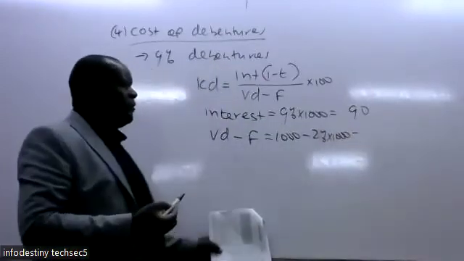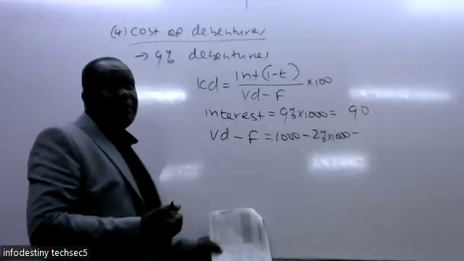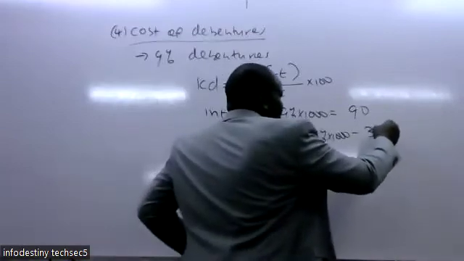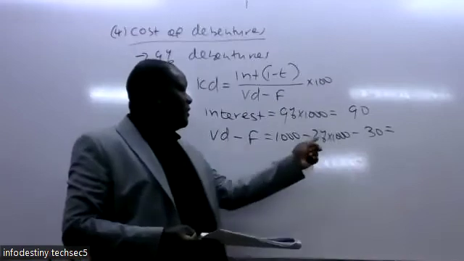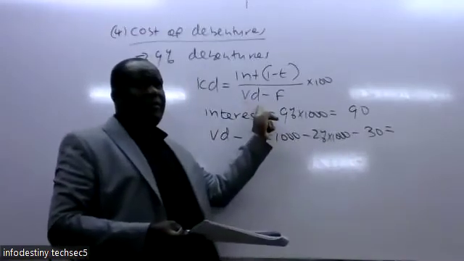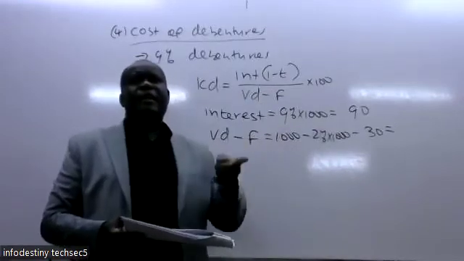Then you also subtract the flotation cost, which they have given us. So we subtract the discount on the par value to get the current value, because it was issued at a discount.